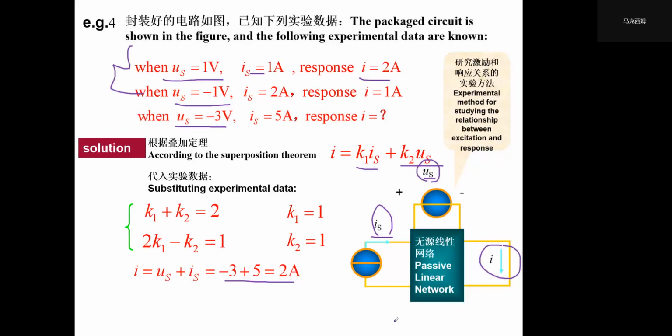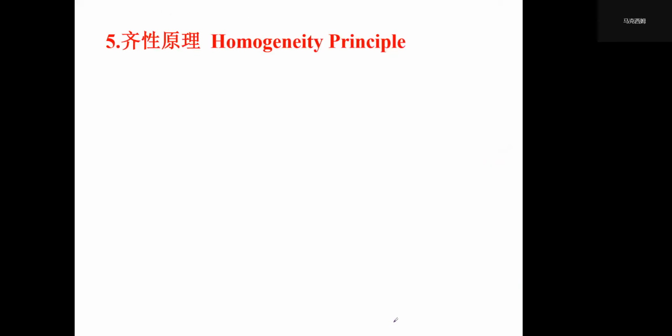So this is a very good nature of a linear system, and if we could harvest it rightly, we can save a lot of labor analyzing it. So this is the superposition theorem.